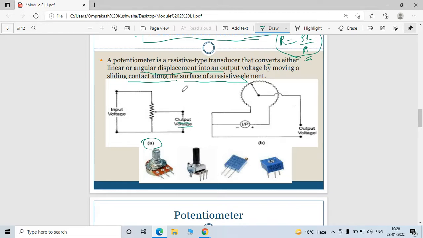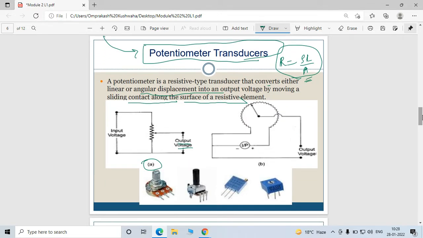First of all, the basic thing is how to measure the potential with this meter. Then, when we use this transducer, you can also use the potentiometer transducer to measure displacement.